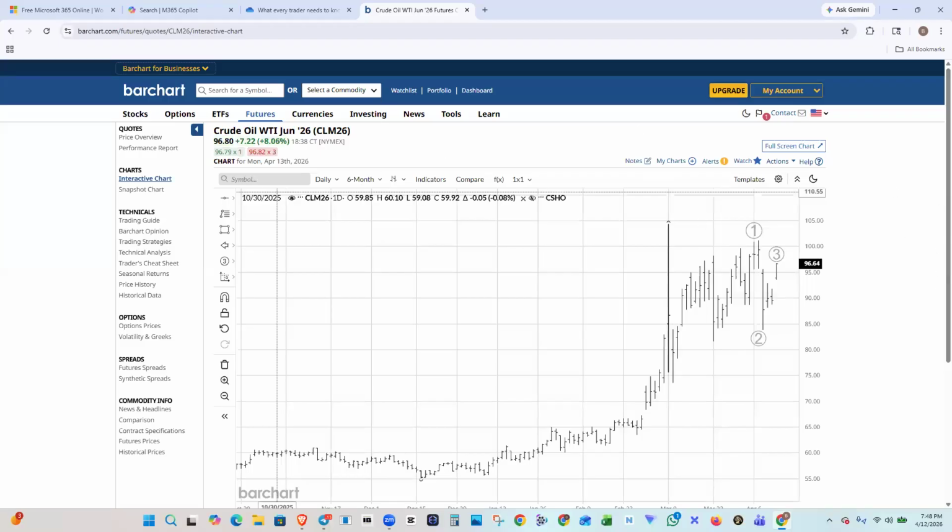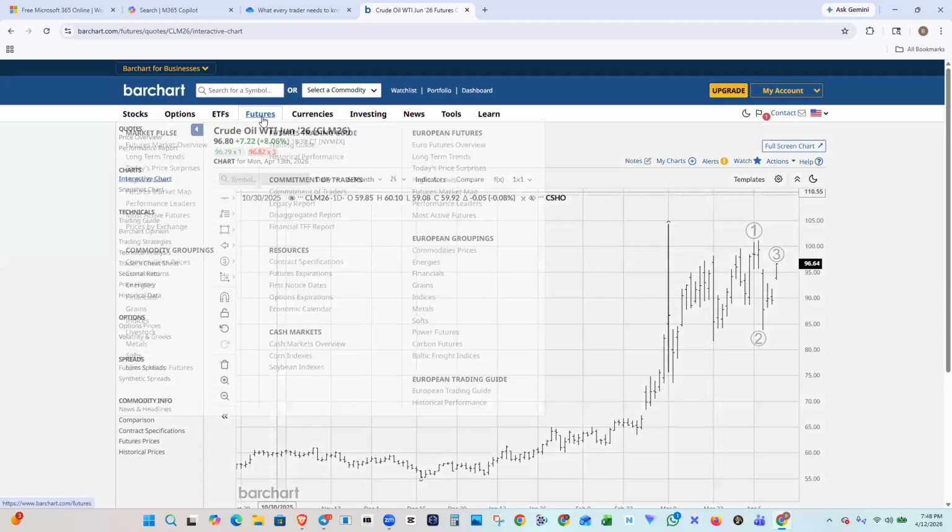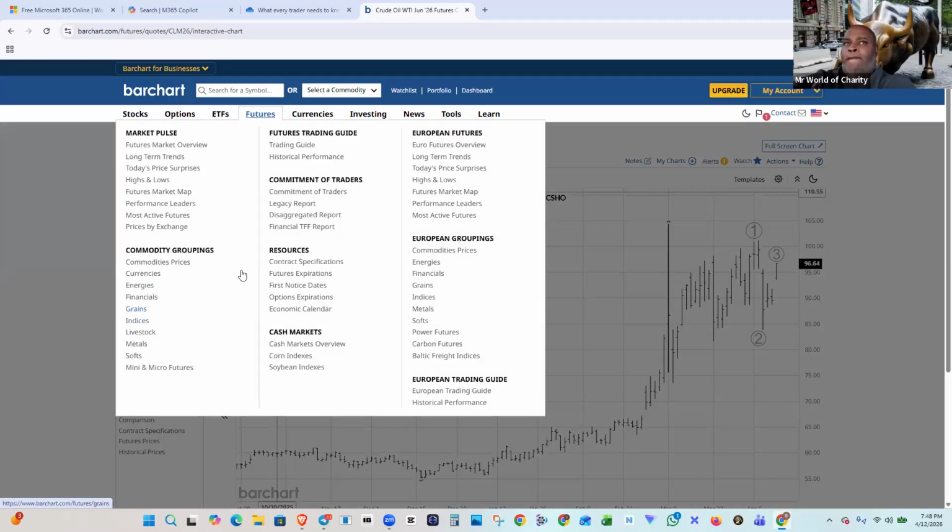Can we go to the cocoa chart? Real quick, Johnny, before we go, if you don't mind, just to make sure everybody understands what the number 1, number 2, and number 3 actually represent.